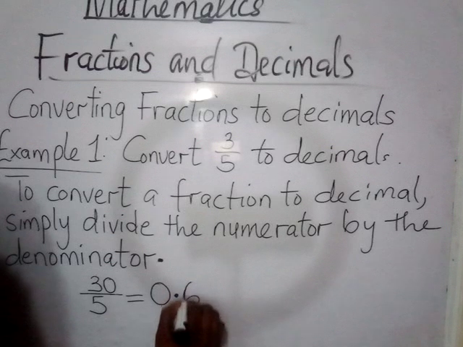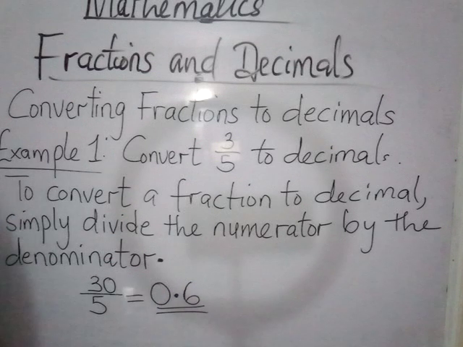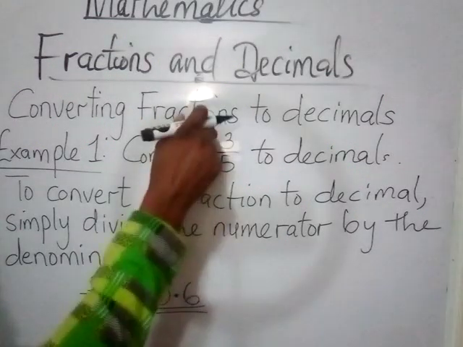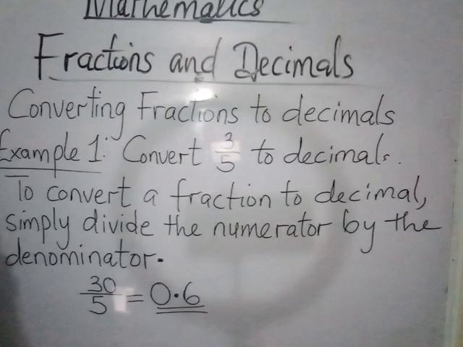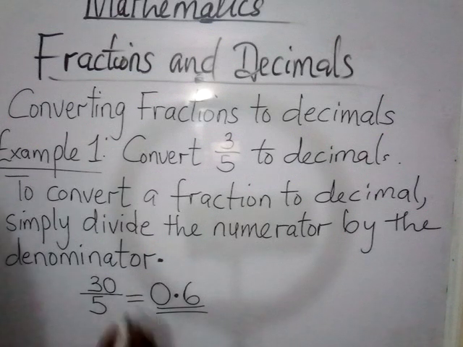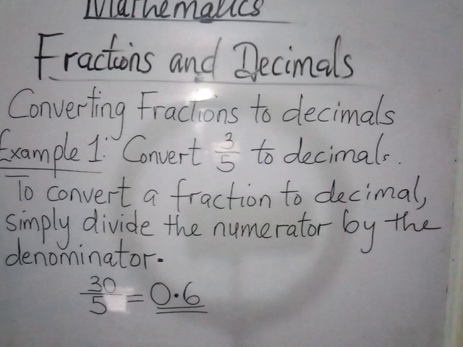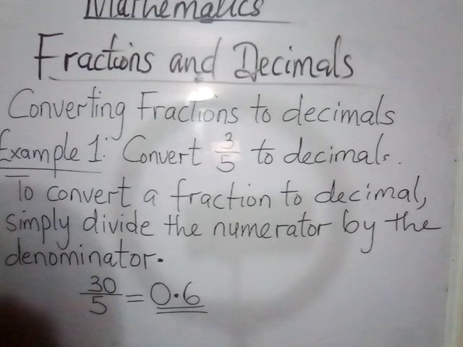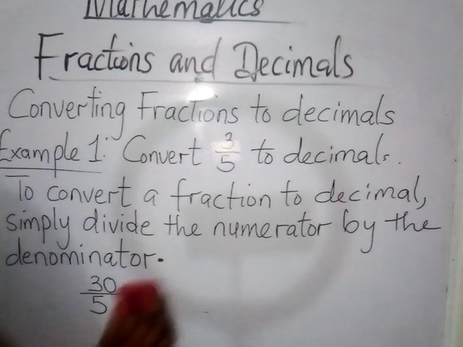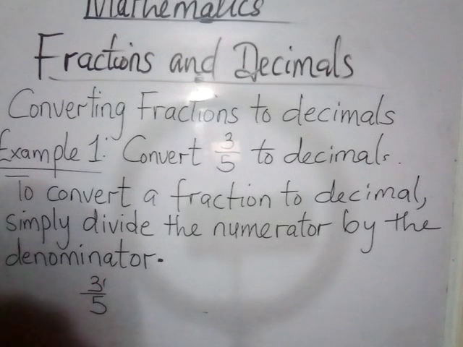You have 6. So to convert this fraction, 3/5, to decimal, it's simply 0.6. Okay, let me write it out in such a way that someone won't get confused.